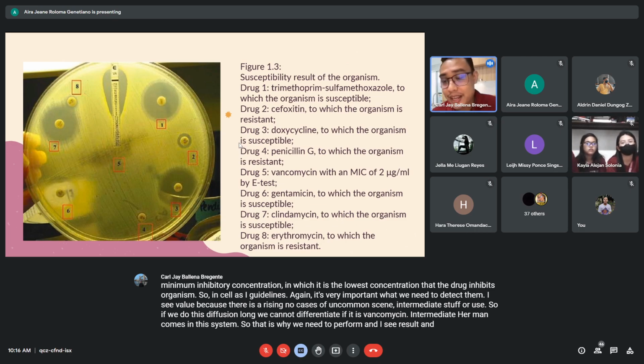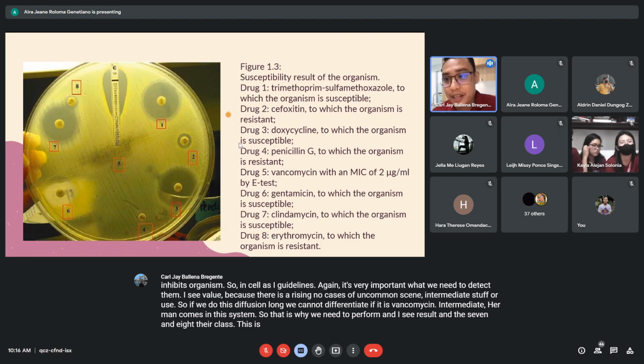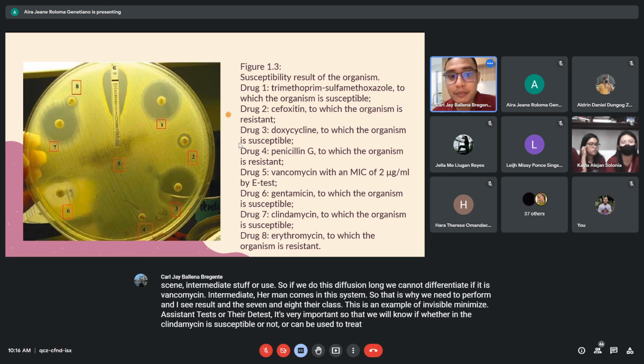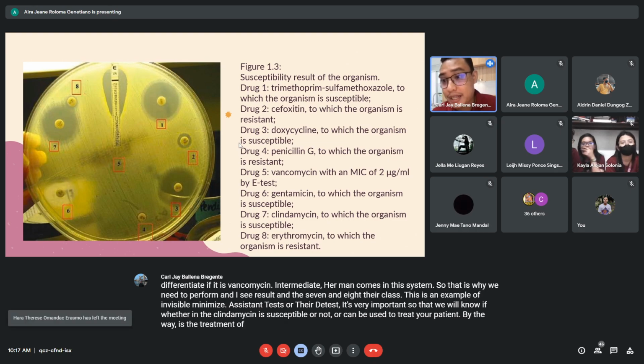And the 7 and 8 there, class, is an example of the inducible clindamycin resistance test or D test. It's very important so that we will know whether clindamycin is susceptible or can be used to treat your patient. Vancomycin, by the way, is the treatment of choice for MRSA. Next slide, please.